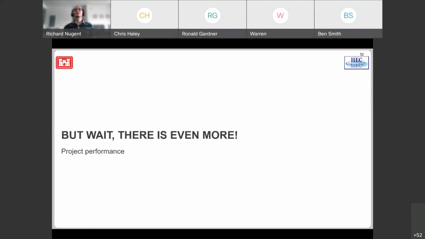But there are other considerations, such as project performance. And for project performance, basically, we're going to want to describe the probability of getting wet. And that's a function of the hazard and the system performance, like the levee fragility, to estimate the probability of getting wet.